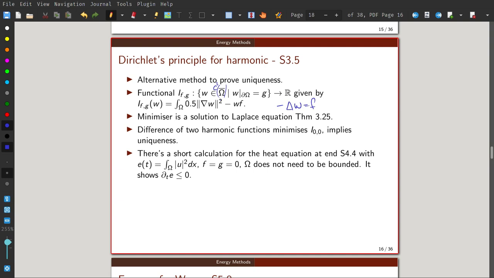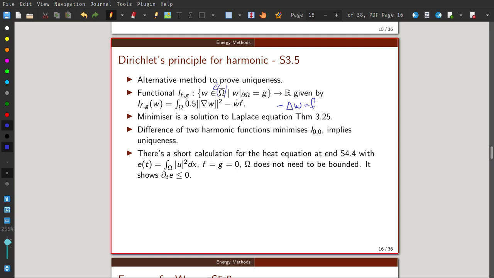Okay, twice continuously differentiable functions where the function and its derivatives extend continuously to the boundary, which meet the boundary condition of being equal to some function g. And we can see that for the Laplace equation, the integral depends on both the inhomogeneous term f in the formula and on the boundary condition g, which restricts which functions you consider this functional acting on.